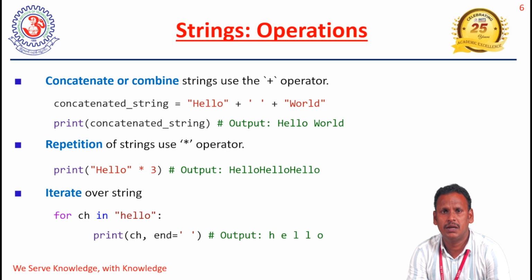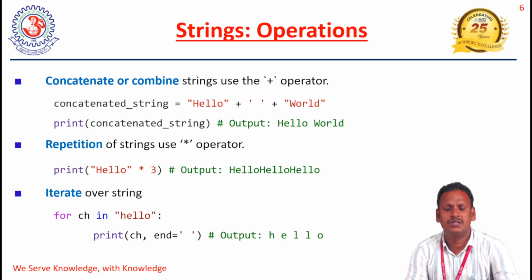In the print statement, I am displaying the character. The output is h space e space l space l space o. In the print statement, I am giving end equal to space. By default, the end argument is the newline character, but I am replacing it with a space. So these are the string operations: concatenation, repetition, and iteration.